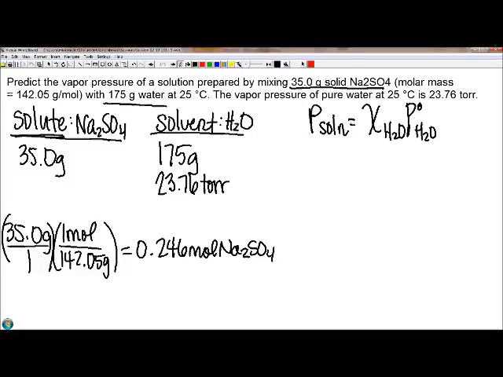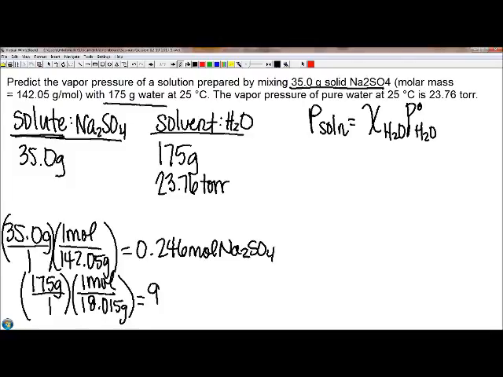For the water, 175 grams divided by the same molar mass we used in example 4, 18.015, gives 9.71 moles. We didn't have to do the whole density thing because it was given in grams, not in a volume unit.